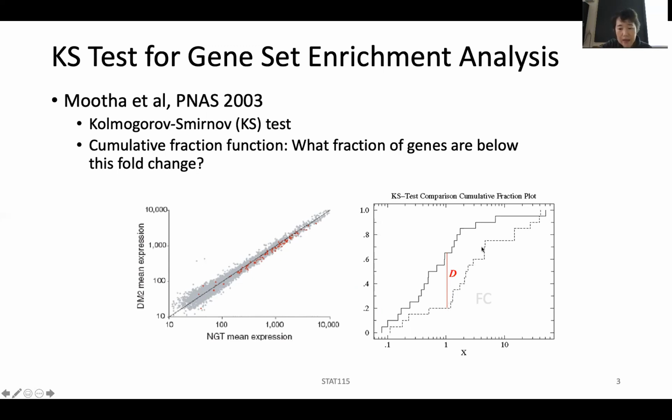How many genes are below a 10-fold change? You can see pretty much all the genes have a fold change below 10. This may not really be the best example because in reality, what percentage of genes do you expect to have fold change below 1?